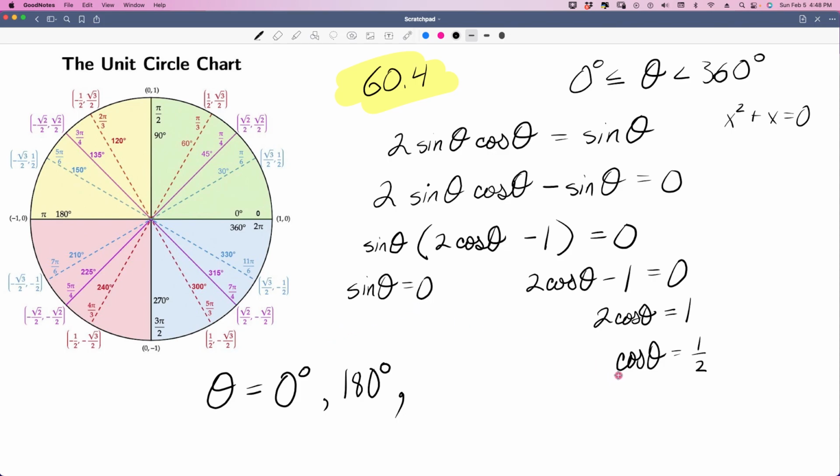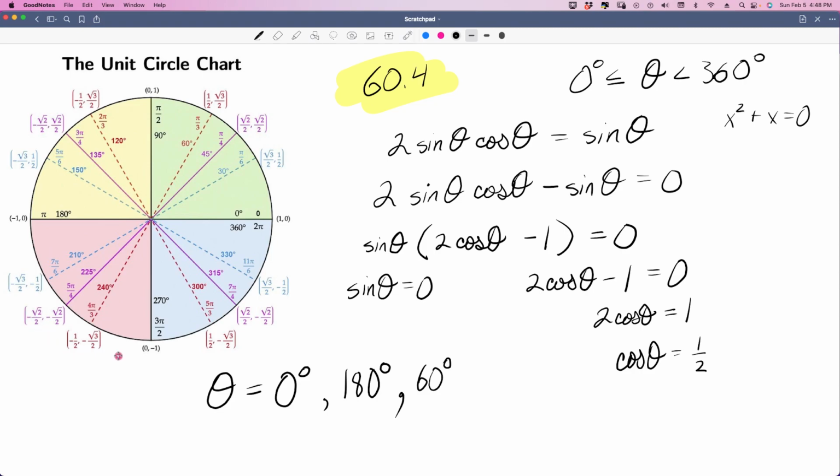So now let's look for where the cosine of theta is equal to 1/2. The cosine is going to be the first term. So in looking around for where the cosine is at 1/2, I see 60 degrees right here. So 60 degrees, and that's a positive 1/2. Keep that in mind. Here's a negative 1/2, so that's not true.